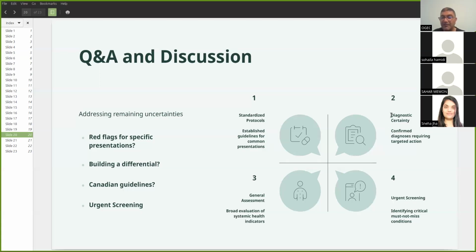And another thing is diagnostic certainty. From the information we get in the question stem, we should be certain about the diagnosis. Sometimes the question is how to confirm the diagnosis.